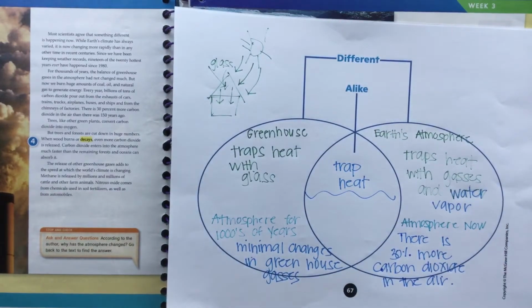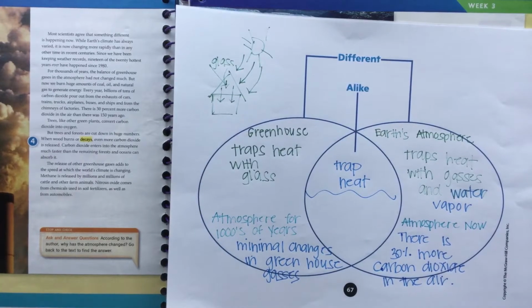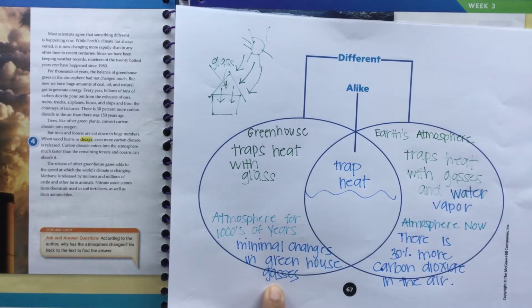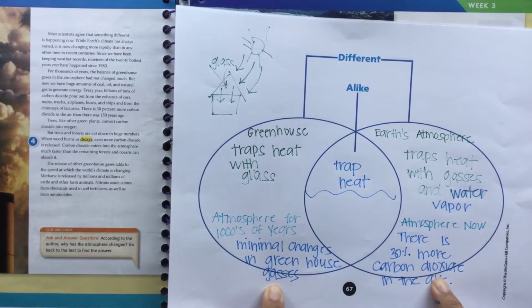Okay, and you might be wondering, how are they alike? So if we think about what these two things have in common, the atmosphere for thousands of years and the atmosphere now, this one had greenhouse gases, just not a lot of them. And this one, carbon dioxide, is a greenhouse gas. So we still see there's greenhouse gas.